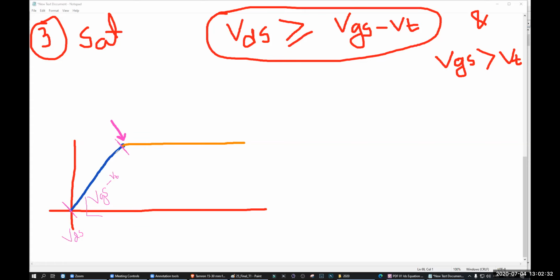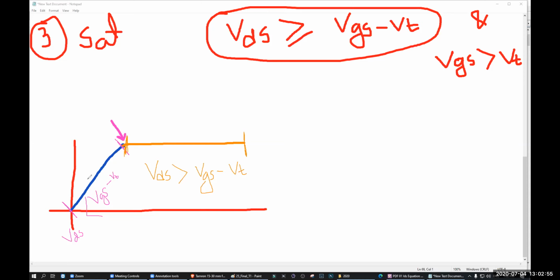That's why it was linear, right? From this point to this point, your VDS is bigger. But what about this point? It is equal.